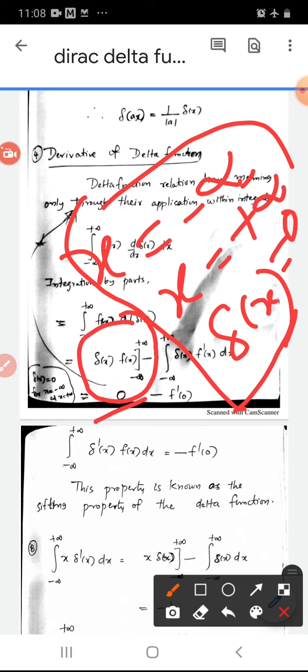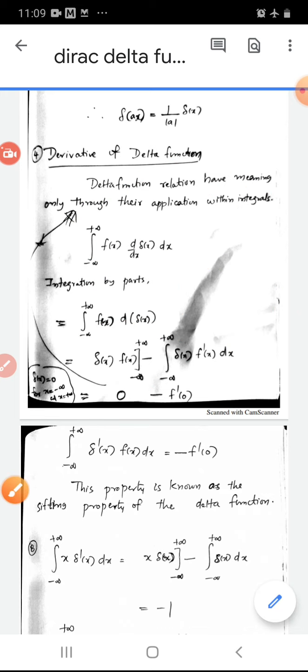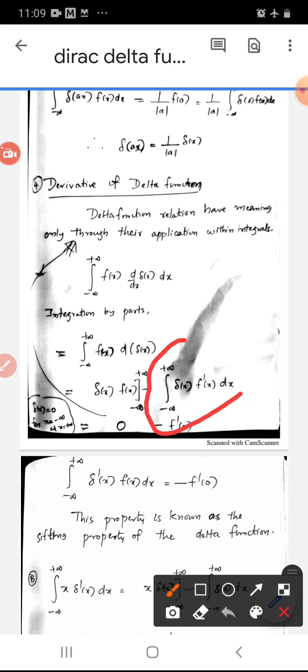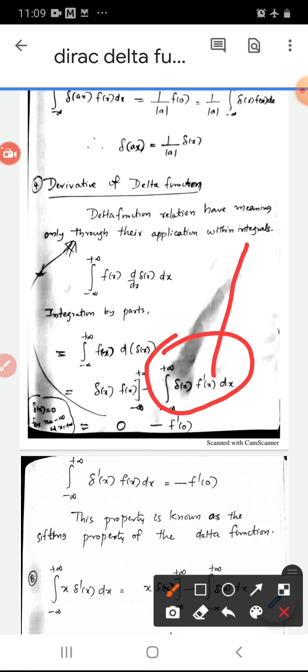So this term becomes 0, and here this term is f prime of 0, because what we have is f prime of x. This is f prime of x, so we will have f prime of 0 here, so minus f prime of 0.